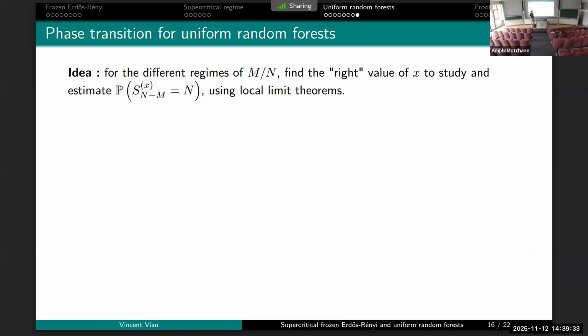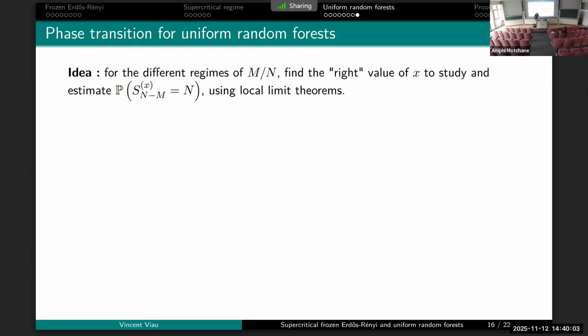Actually, it can be a bit trickier sometimes, because sometimes we will choose x which will depend on n and m. And sometimes you cannot apply local limit theorems directly, but you can do something a bit like in local limit theorems, so it simplifies your life a bit.